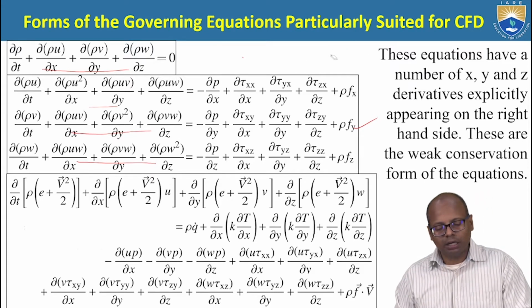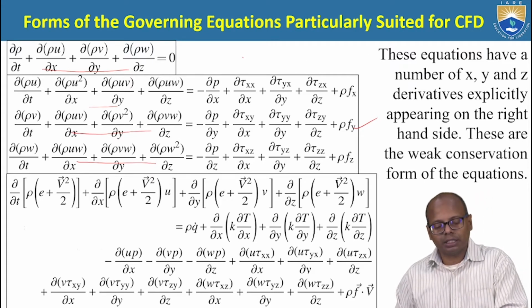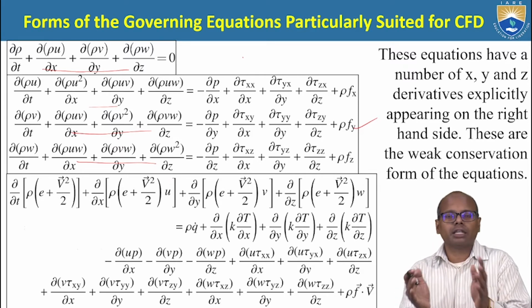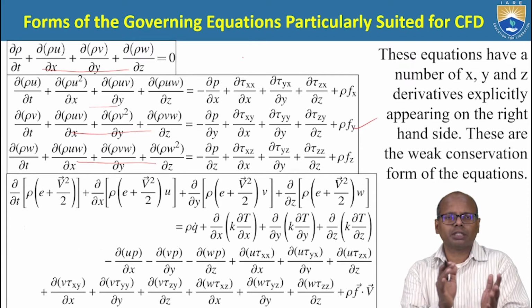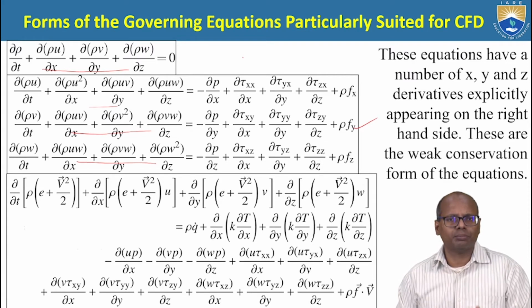Here if you see on the right hand side, you can see the partial differentiation terms. Now if I expand this divergence into another xyz terms, what can I do? I can club these partial differential terms in one form.